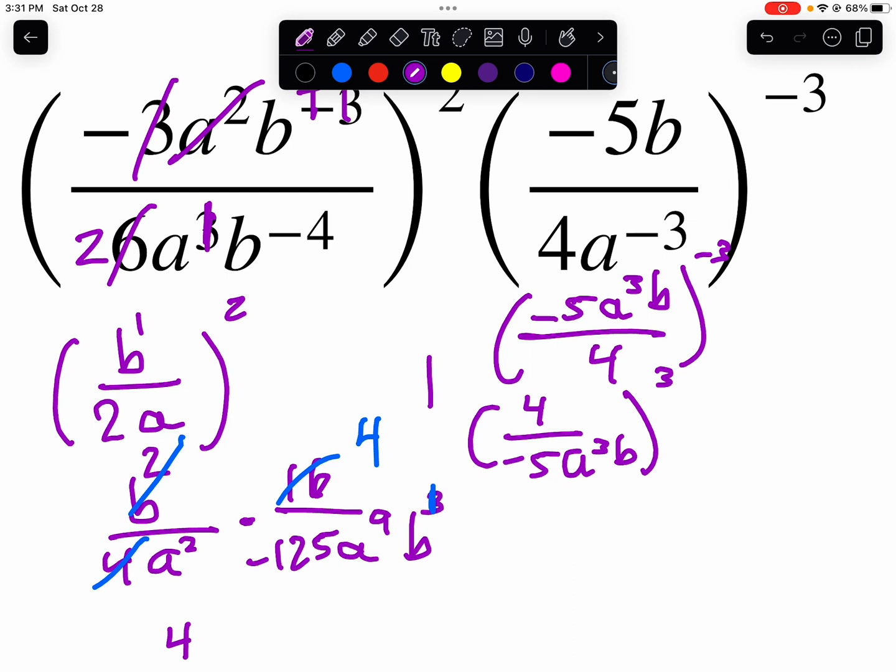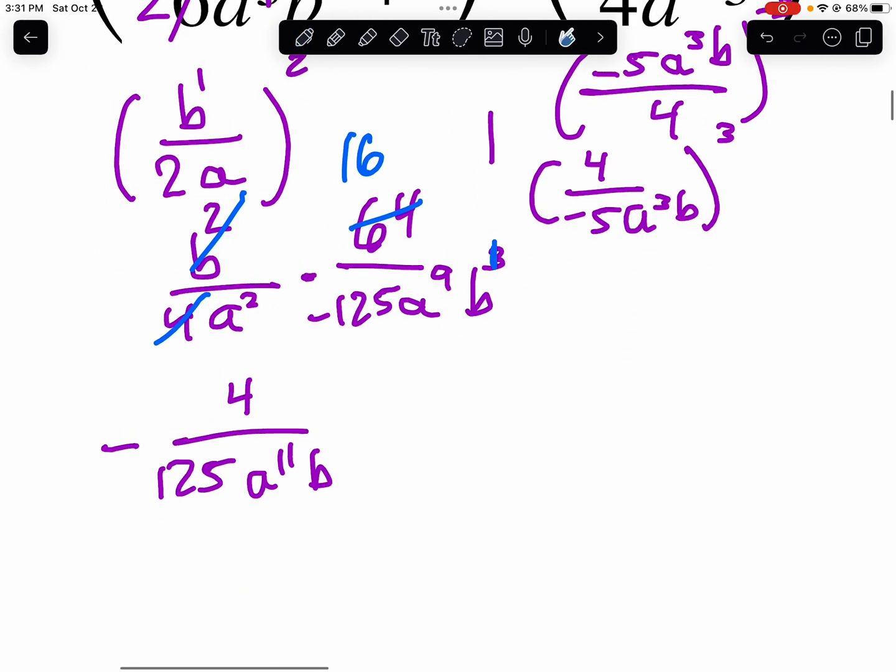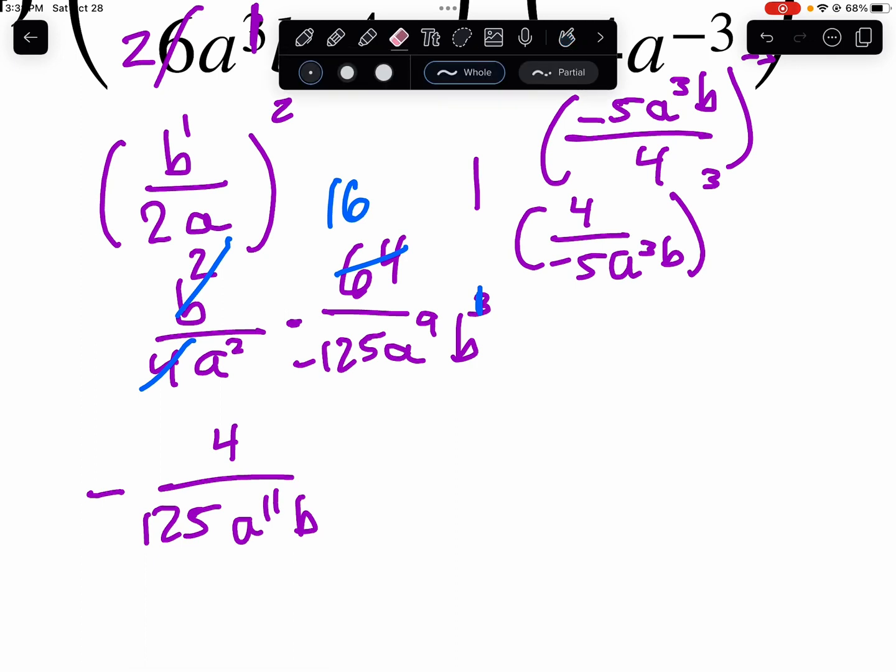And then 4 cubed is not 16. There we go. 4 to the third power is 64. And then so 4 goes into 64 16 times. Sorry about that. So we get negative 16 over 125, a to the 11th b. And there's our answer.